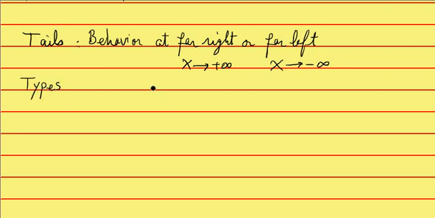Let's look at some very basic functions you have seen many times in your algebra classes. What's a function you see very often? Well, a straight line is a function you see very often. We are going to refer to this section as the right tail of it, and this section as the left tail of it.